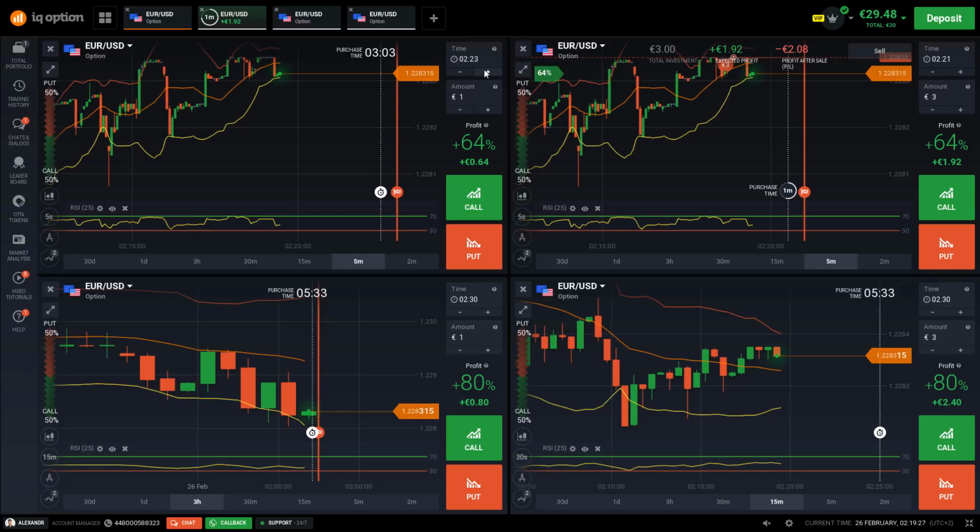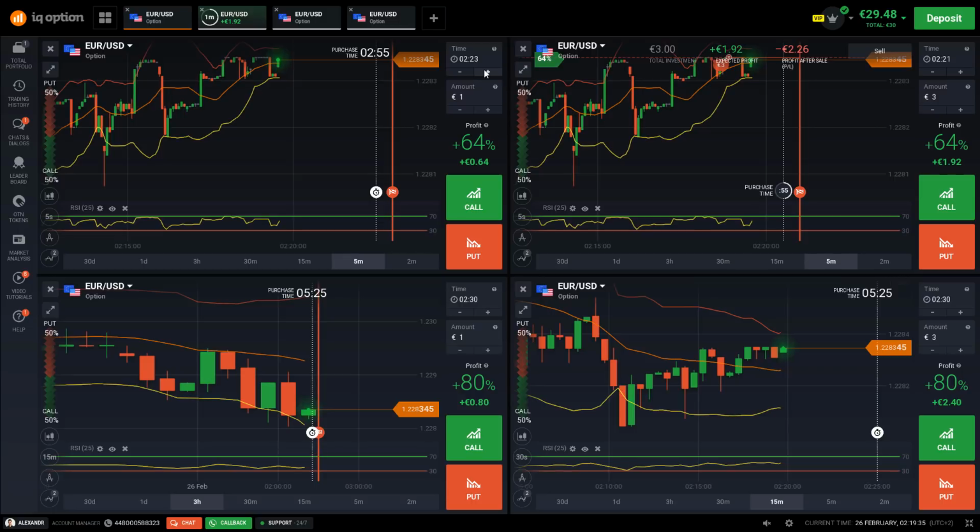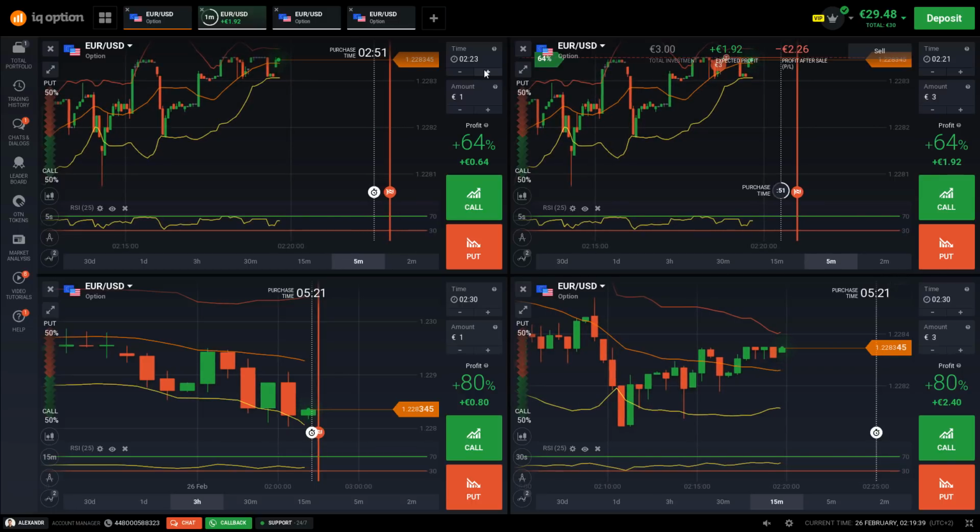It doesn't 100% recover, but if I win this option, it will reduce the loss from 2 euros to 8 cents.